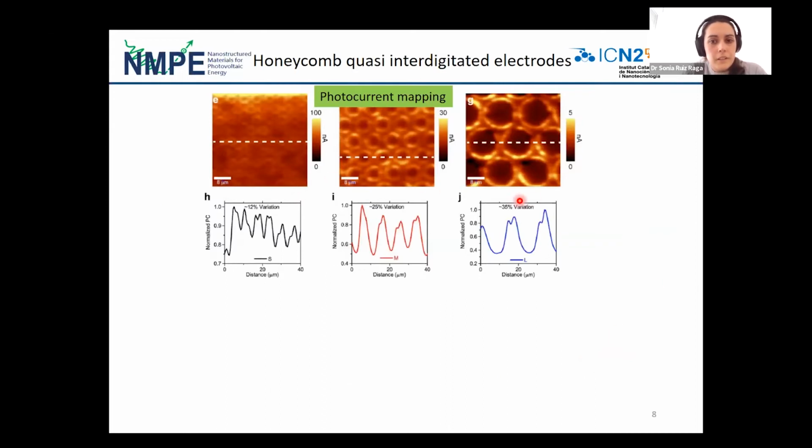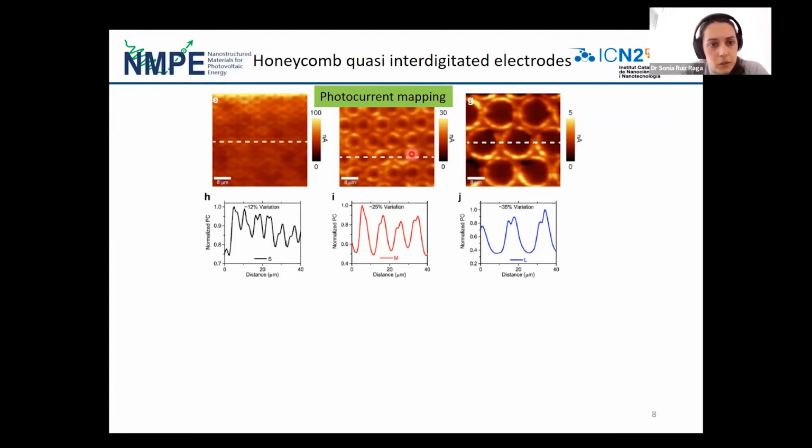With different honeycomb sizes, we can indeed demonstrate that the smaller the feature, the better. In these photocurrent mapping images, we can observe more uniform photocurrent generation for the smaller features.